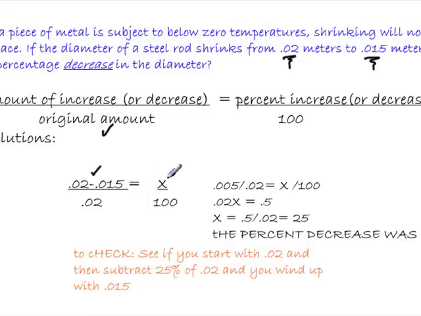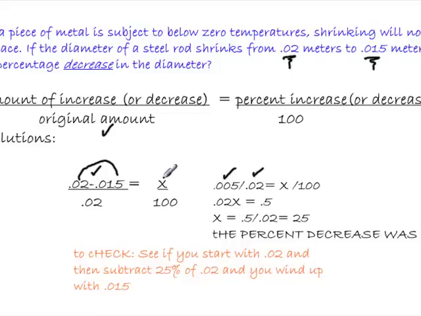And of course, we set that equal to x divided by 100. I have to subtract here, so 0.02 minus 0.015 is 0.005. Then I'm going to divide by 0.02.